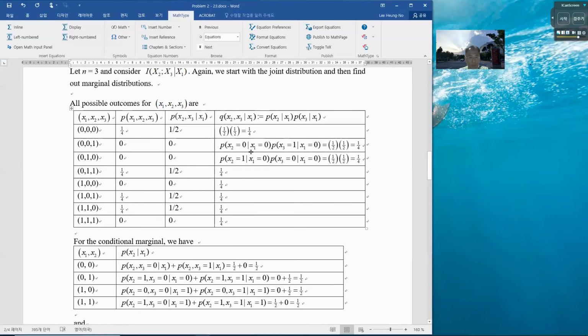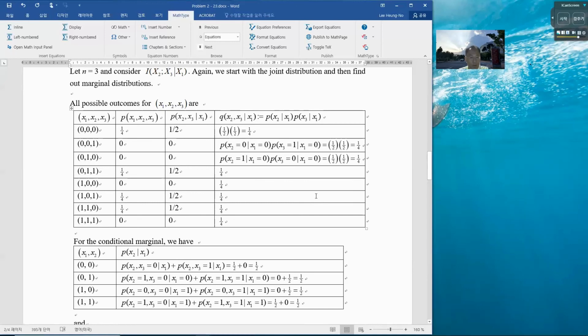So for example, x2 is equal to 0 given x1 is equal to 0, and x3 is equal to 1 given x1 is equal to 0. Just following this notation, you have a half and half product, which is 1/4.